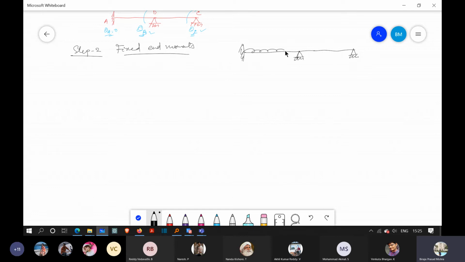We have a load of 120 kilonewton per meter, and a concentrated load of 200 kilonewton. This one is 1.5 meters, this is also 1.5 meters, and this is 4 meters. This is A, this is B, and this is C.